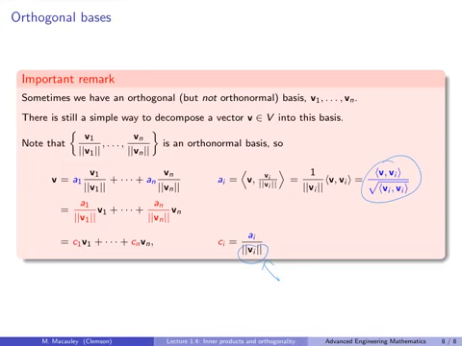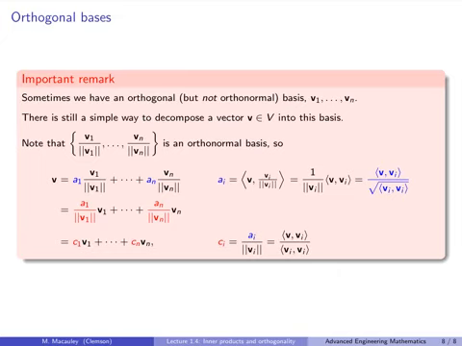That's just the square root of vi dot vi. So what happens if we tack on an extra root of this down here? Well, then the square root goes away. So we just get v dot vi over vi dot vi.